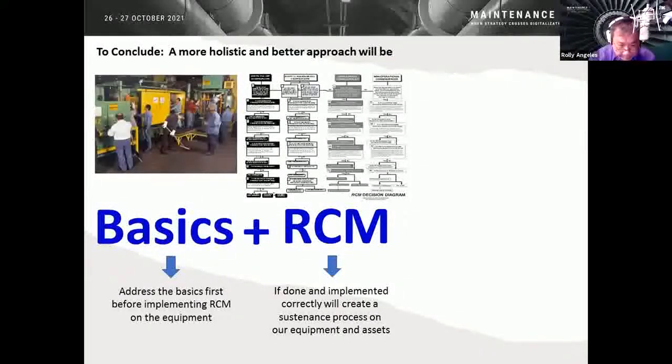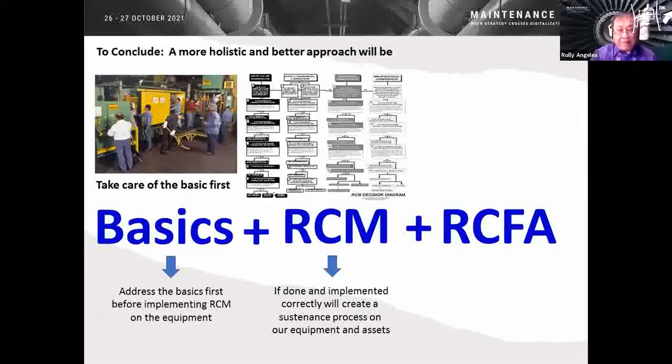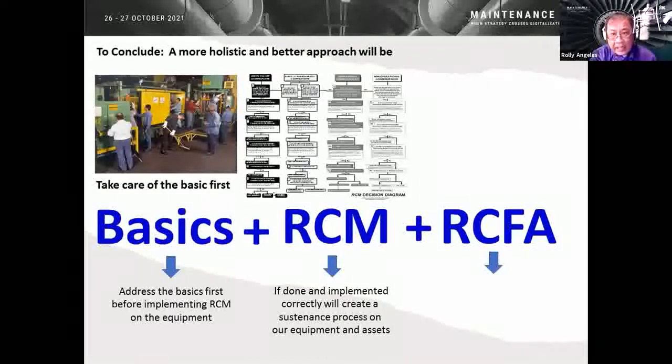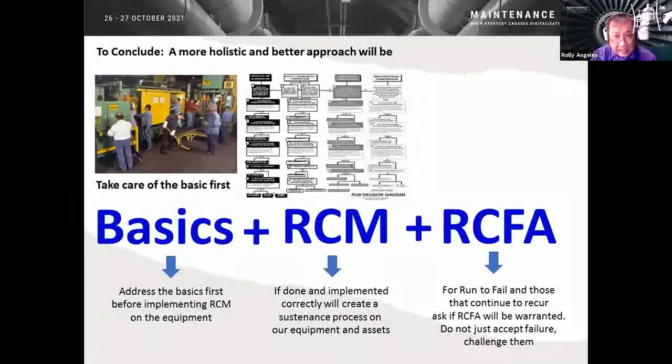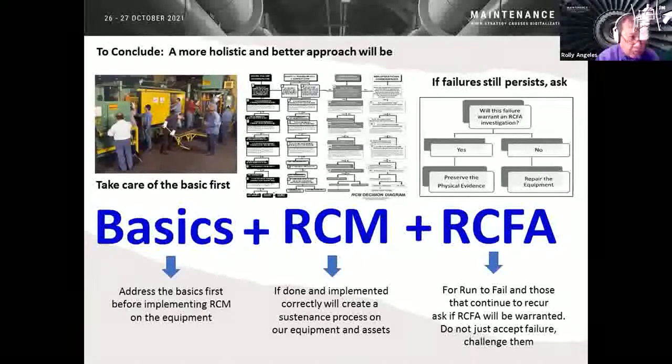And for those failures that repeat themselves, what we can do is perform a root cause failure analysis. Whenever a failure happens in your industry, or if the failure persists, let the team ask, will the failure warrant a root cause failure investigation?